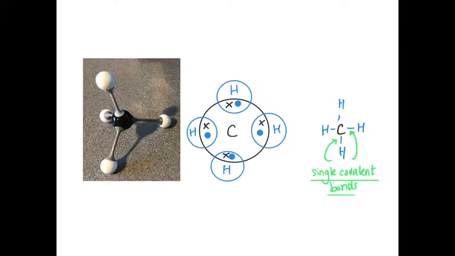It looks like the molecule. The molecule is 3D, so it's not quite flat like you draw on a page. And remember that these single lines are single covalent bonds, which show the sharing of a pair of electrons, 1 from carbon, 1 from hydrogen.